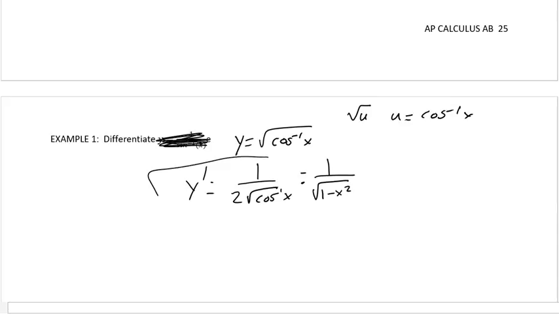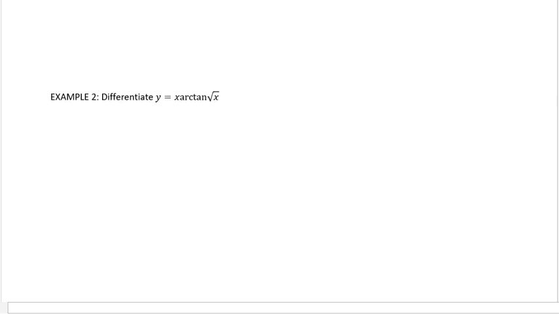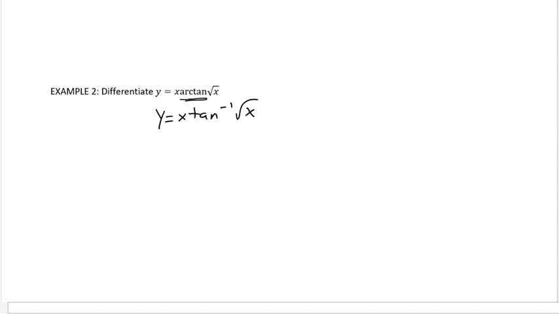Okay. Let's get another one. When they say arctan, I like to rewrite it as tan inverse. It's just a personal preference. But we can see here that we have a product rule. We have a first and second function, so y prime is going to be the first times the derivative of the second, plus the second times the derivative of the first, which we know is 1, the derivative of x.